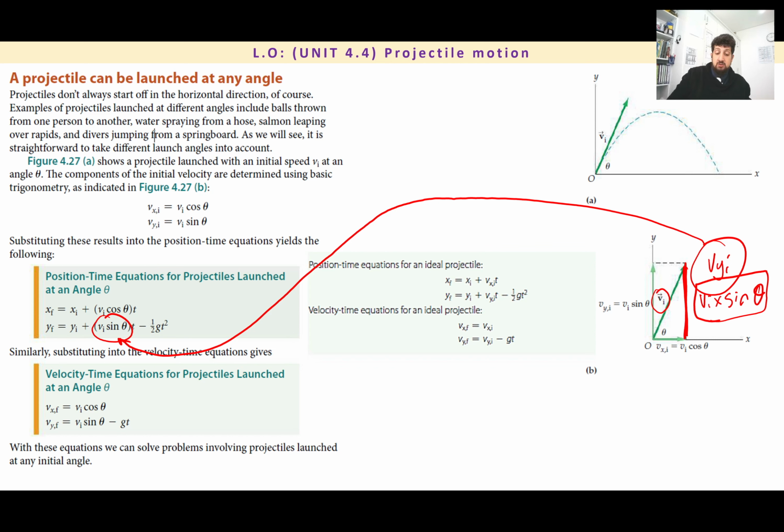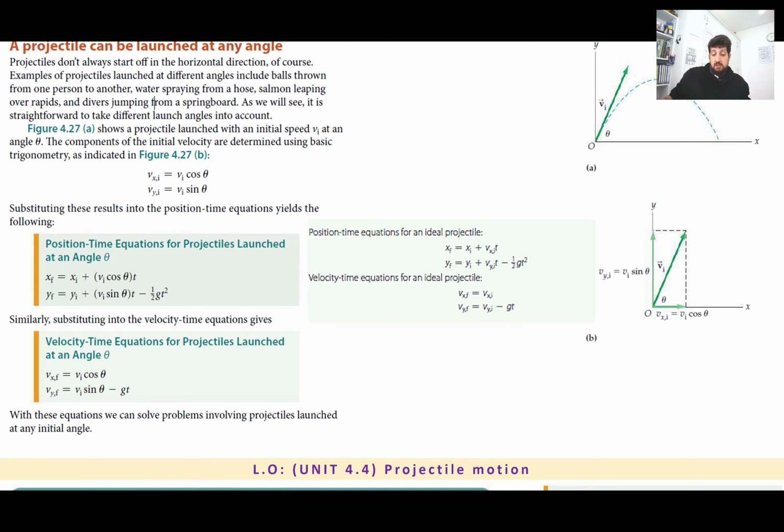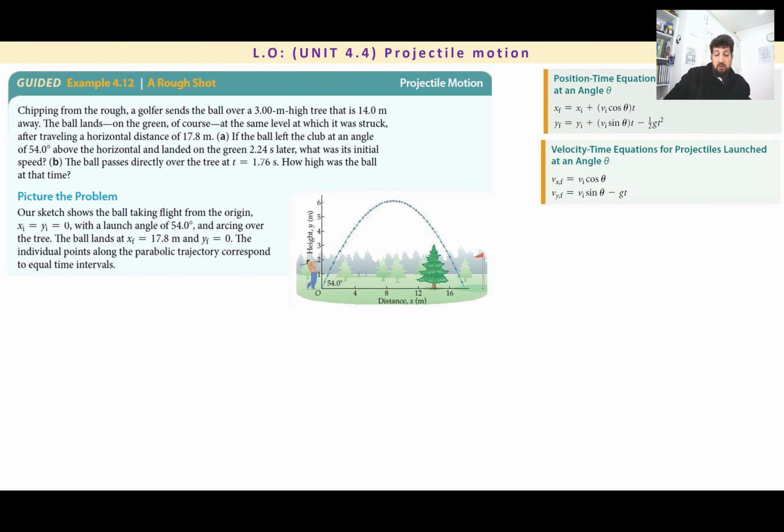Once you know this triangle, once you're familiar with it, you'll understand where each of these has come from. That's exactly the same process. It's just that now it is an angle, so we have to work out the x and the y components using the hypotenuse. Okay, so let's go ahead and look at a problem.